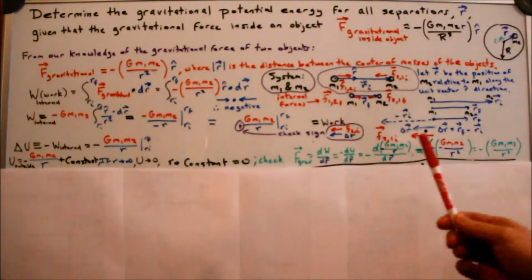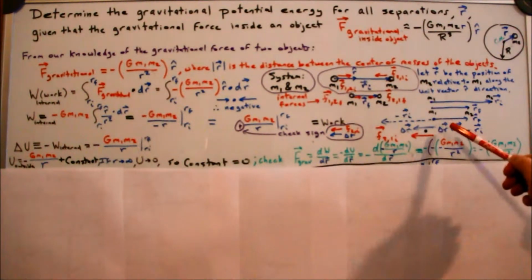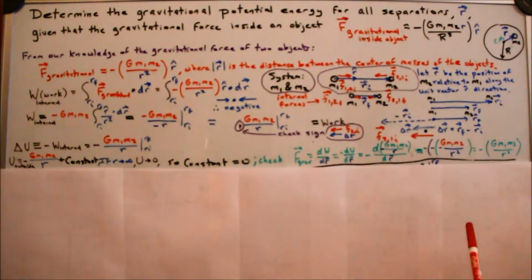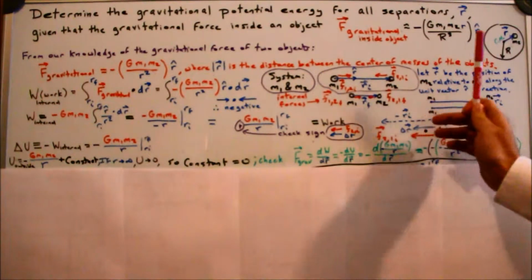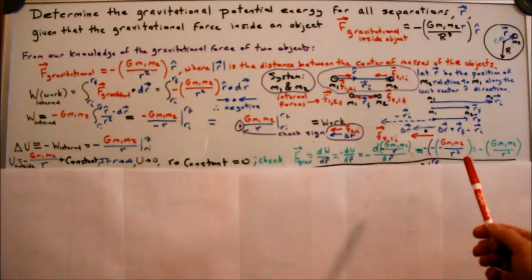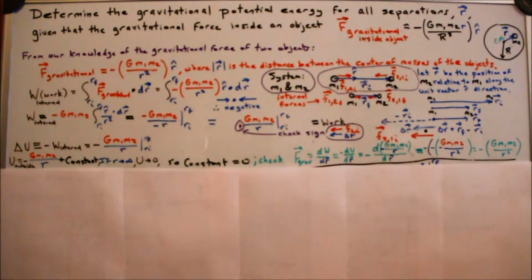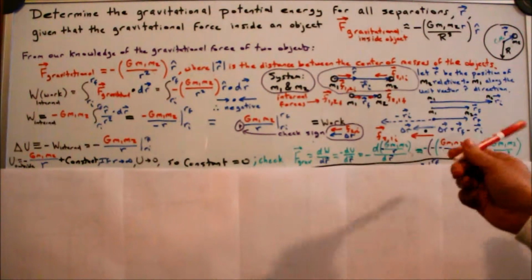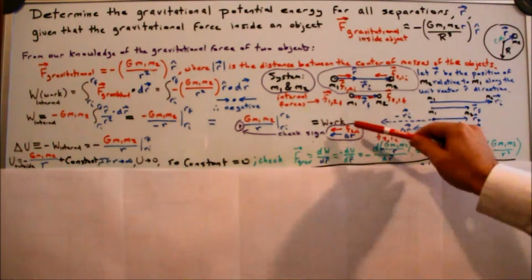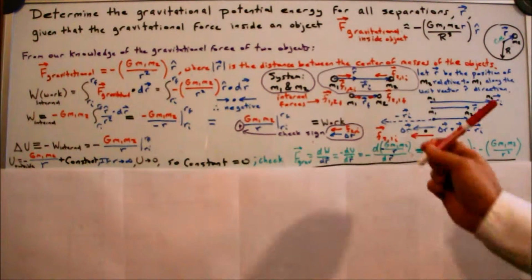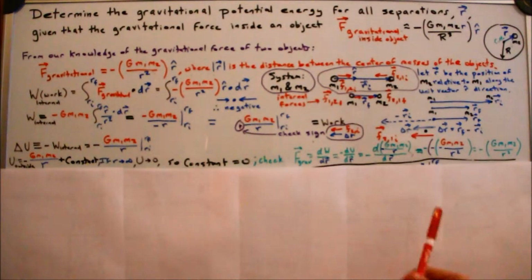So it's good confirmation that my force and my displacement are in agreement. That's always an excellent check one should do: if the force is acting in the same direction as the displacement, then you know that's a positive work. If they were opposite, that'd be a negative work.